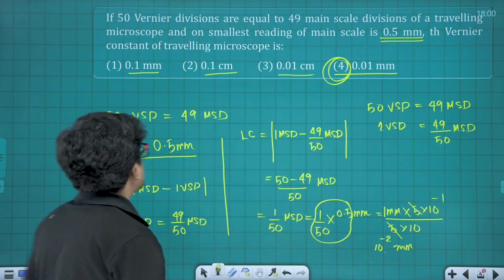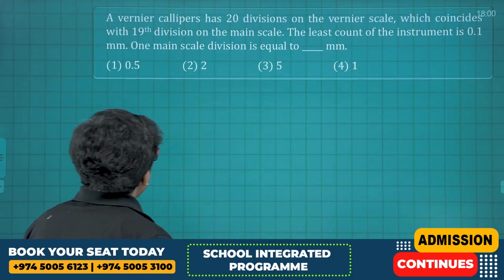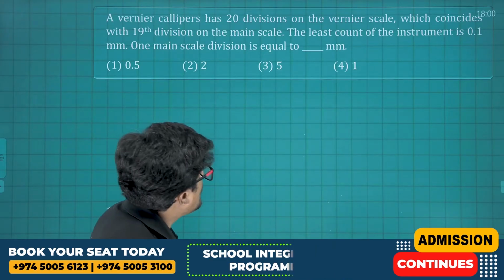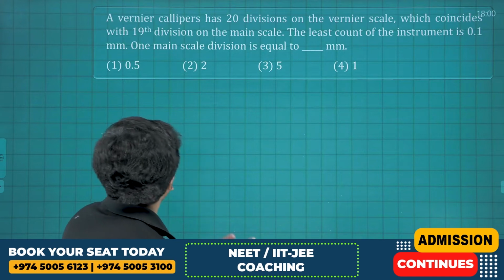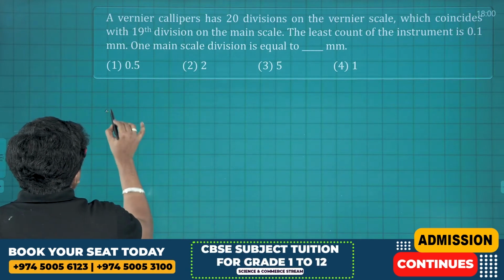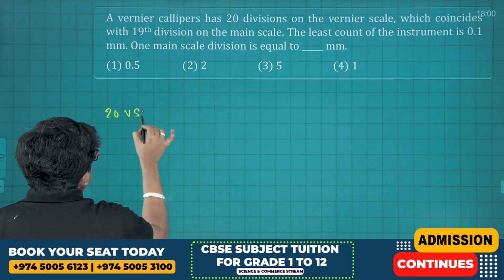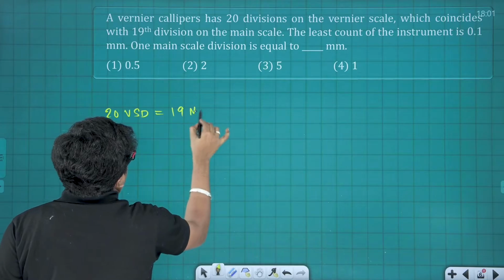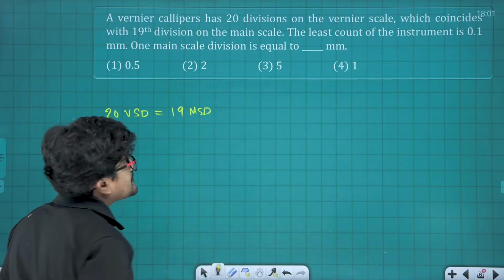Now let's move to the next. The question says, a Vernier caliper has 20 divisions on Vernier scale which coincide with 19 divisions on main scale. That means 20 Vernier scale divisions is equal to 19 main scale divisions.